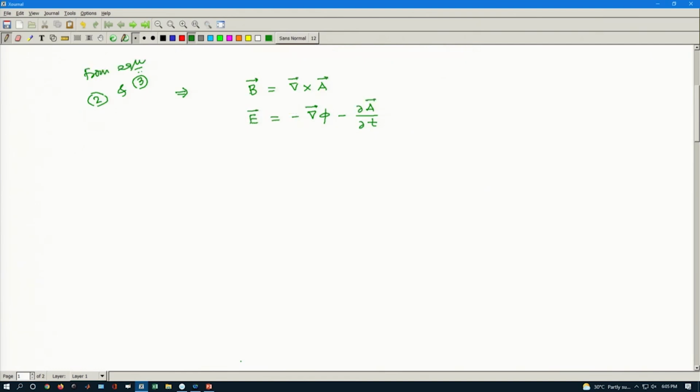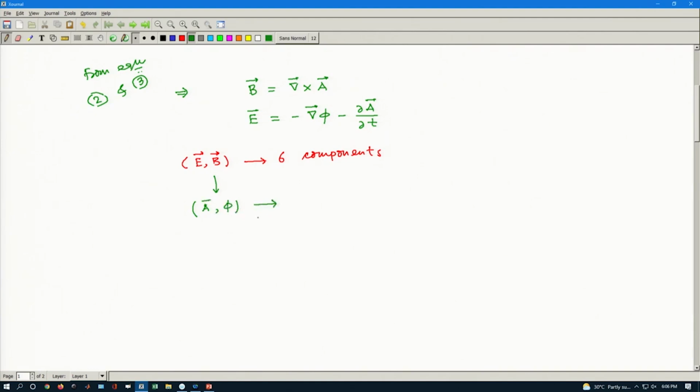Now, you can see that B and E have 6 components and these 6 components can be extracted from the 4 components of A and phi. I should make a note here: the set E and B, the 2 vectors we are trying to solve, have 6 components, and I extracted this information in terms of A and phi.